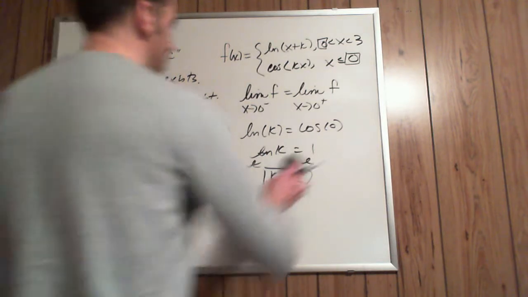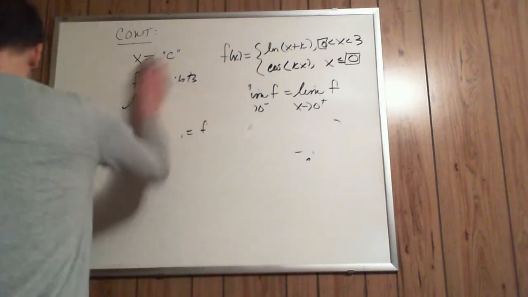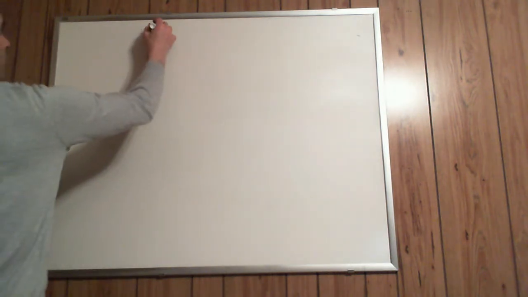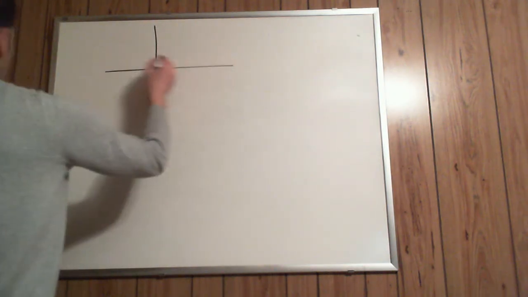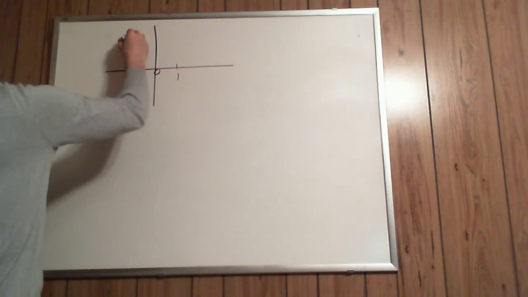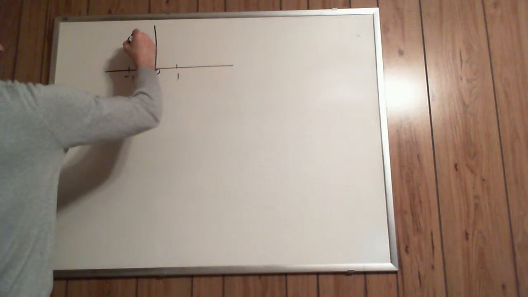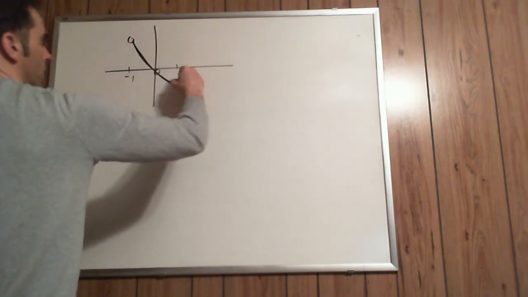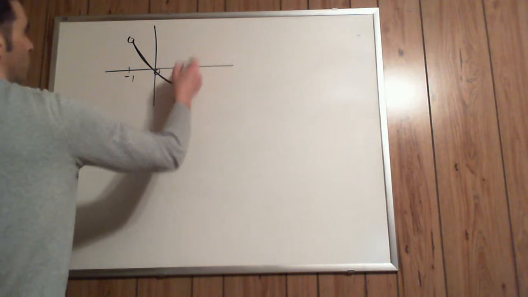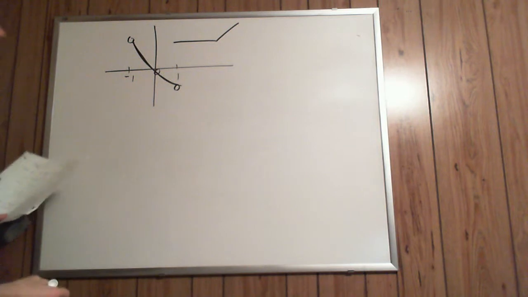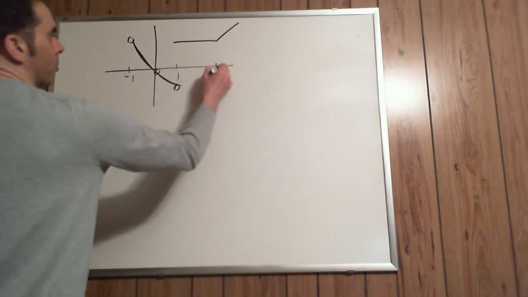Next is continuity and differentiability. So if I have a graph of a function here, this is 0, 1, negative 1, and just suppose we have something going on like this, right through here, and I believe I have an open circle here, and just suppose this here is out at 3.